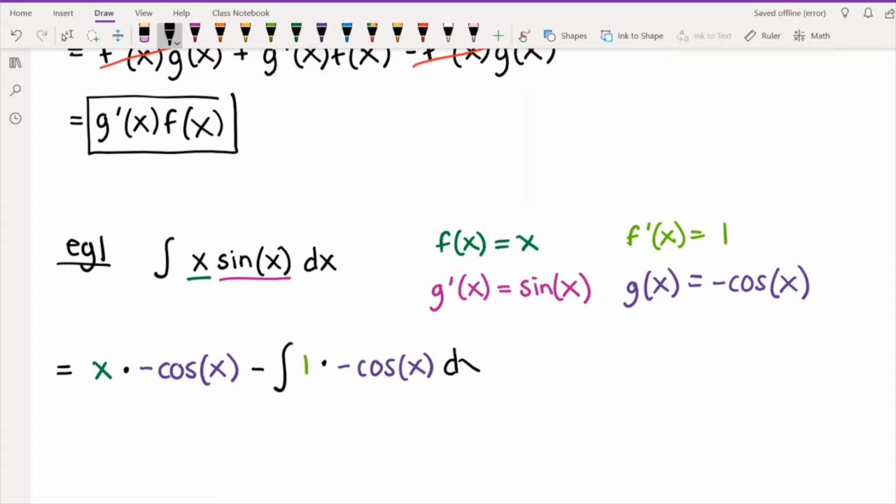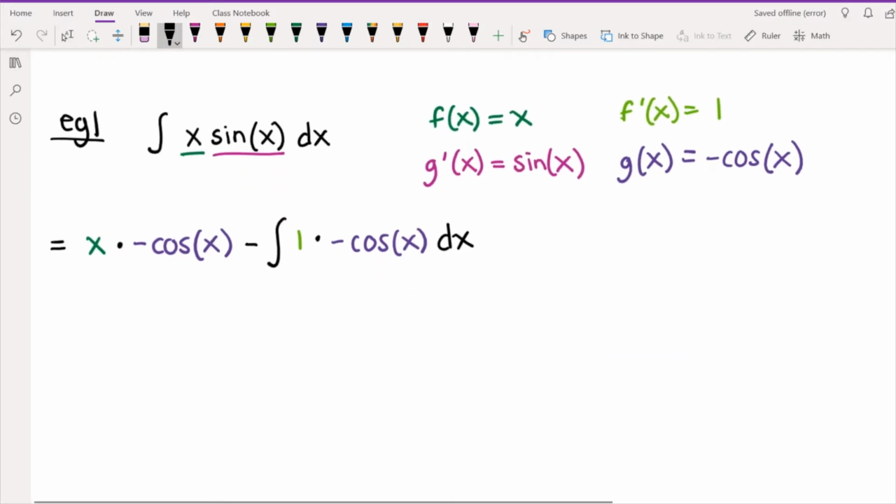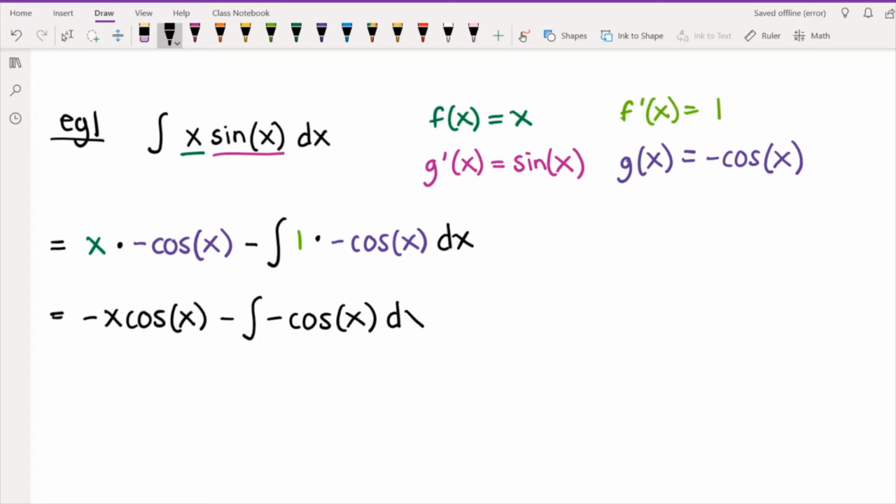Okay, so let's see what this boils down to. So this simplifies to negative x times cosine of x minus the integral of negative cosine of x dx.